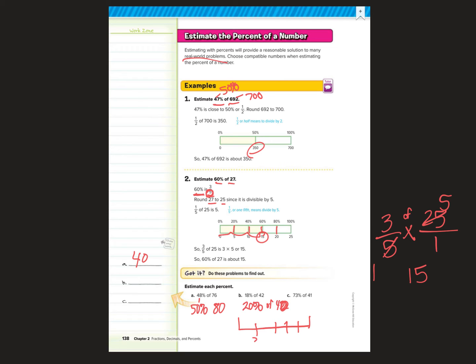So this would be 20%, 40%, 60%, 80%, and 100%. And if this is 40, cut into 5 equal pieces, it would be 8, 16, 24, 32, and 40. So if I wanted to know what was 20%, it'd be about 8.